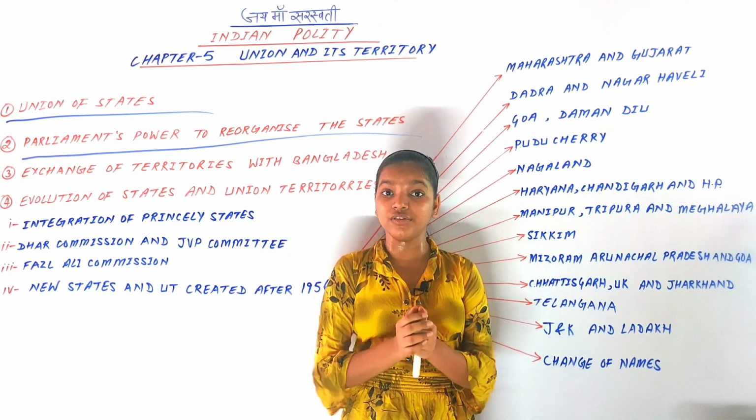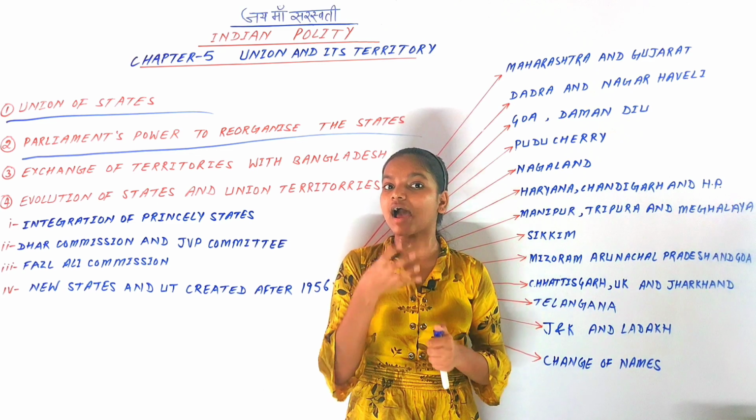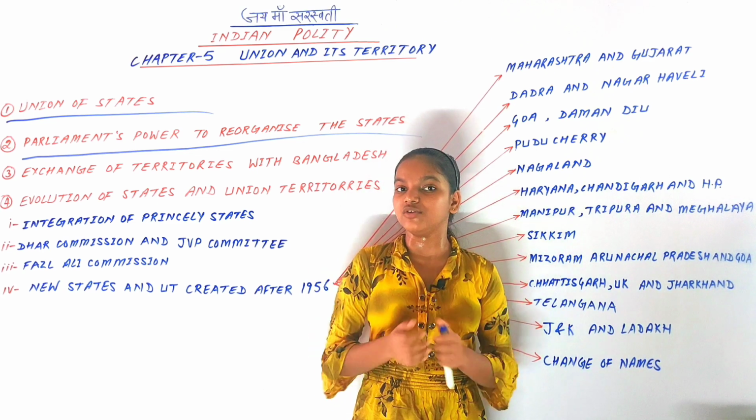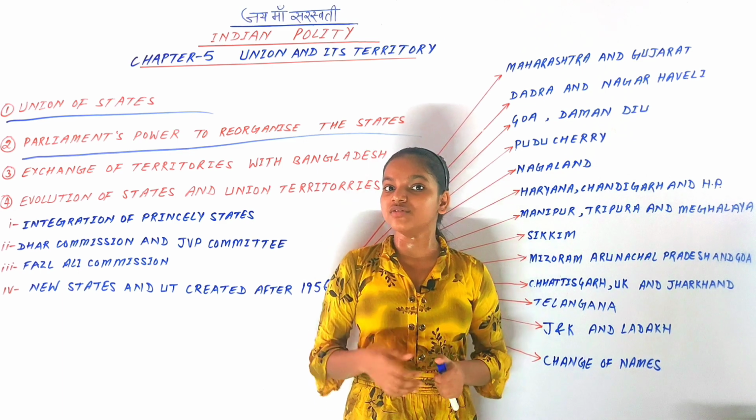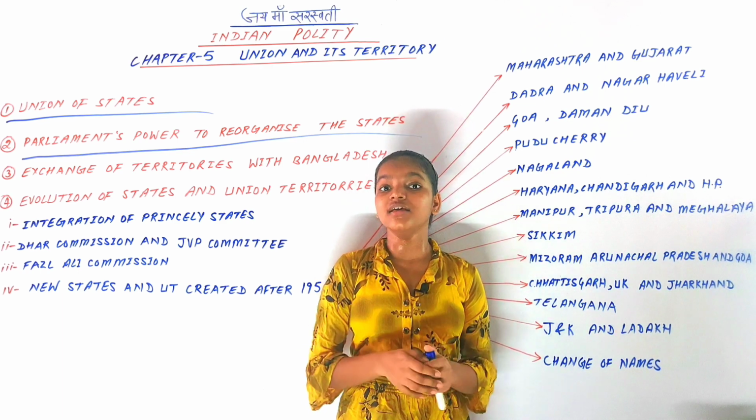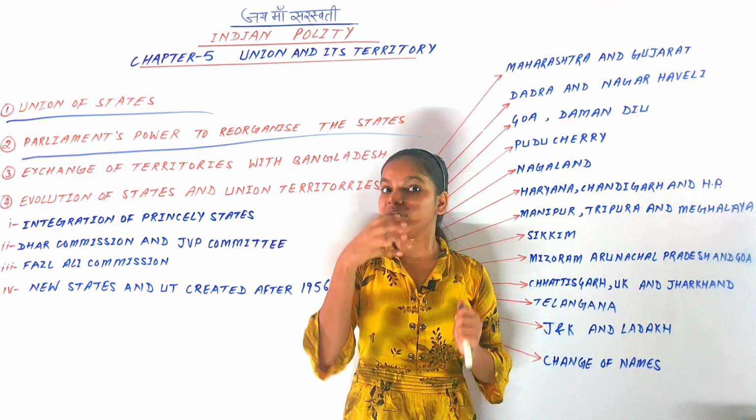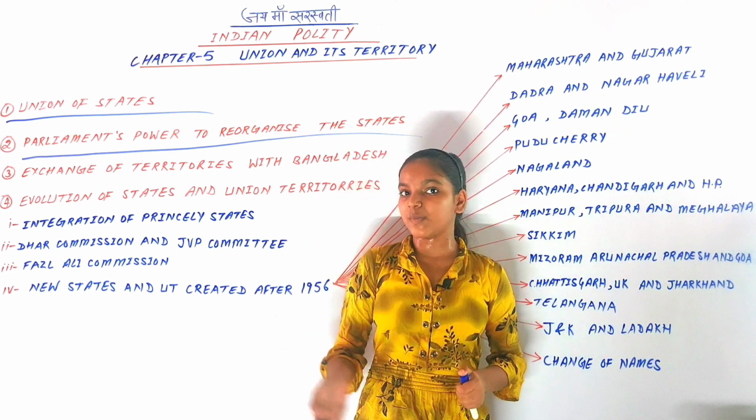For doing so, they have to make an amendment under Article 368. So for that, the 9th Constitutional Amendment Act was introduced in 1960 to give the said territory, Berubari Union, to East Pakistan.